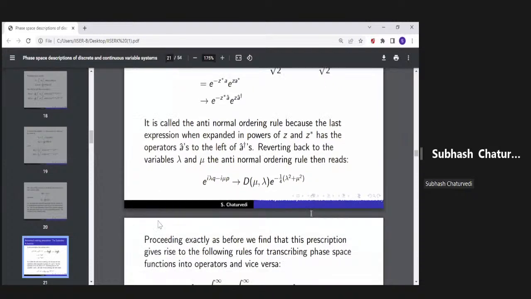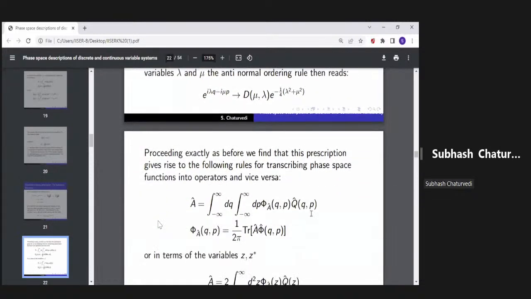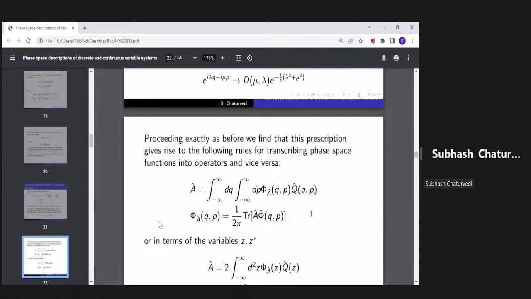Now again, proceed exactly as before, and we again get a prescription to pass from a phase space function to its operator, and for that you need this operator Q hat, and to go from an operator to its phase space function, you need this operator phi hat.